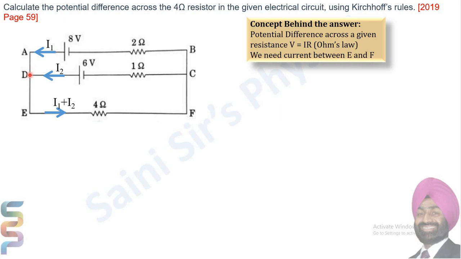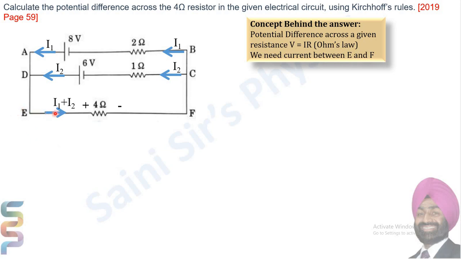Total current arriving at a point is equal to total current leaving that point. This current continues as I1 plus I2 here also and gets divided back into I1 here and I2 here. We have two unknowns, I1 and I2, so we need two equations to solve it.